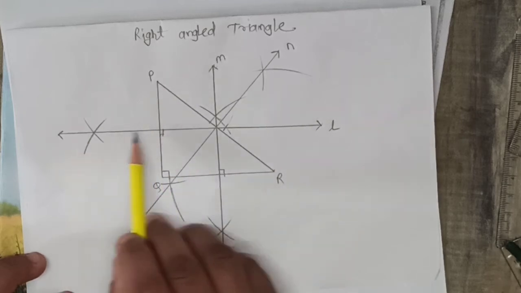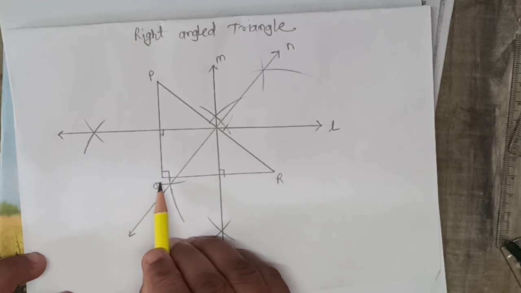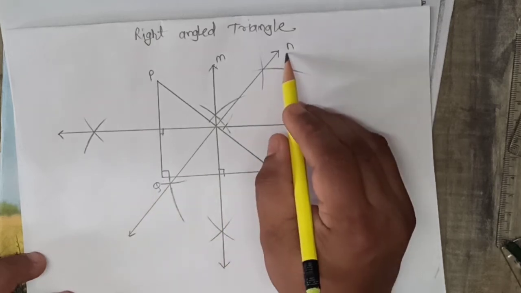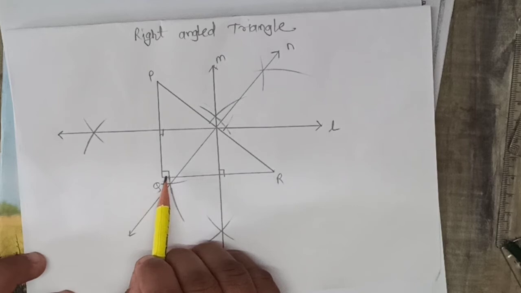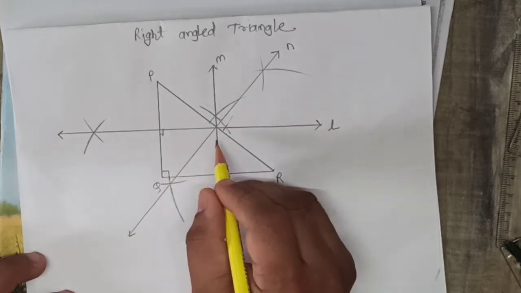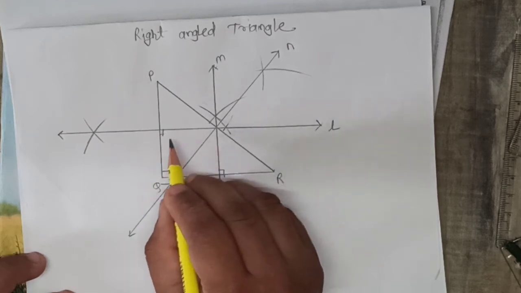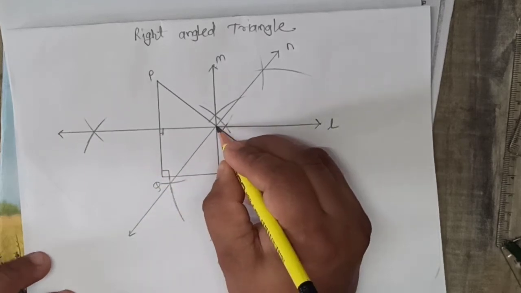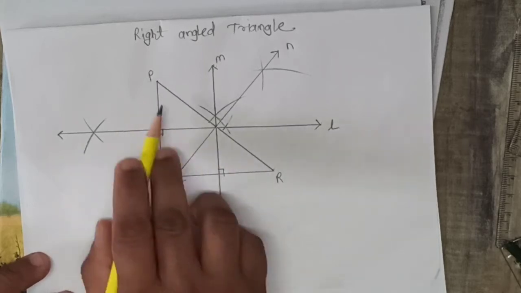Side PQ's perpendicular bisector is line L, line M is the perpendicular bisector of segment QR, and line N is the perpendicular bisector of segment PR. As this is a right angle triangle, you can see that there is also a point of concurrence. The concurrent point of the perpendicular bisectors of a right angle triangle is present here, on PR, that is the hypotenuse.